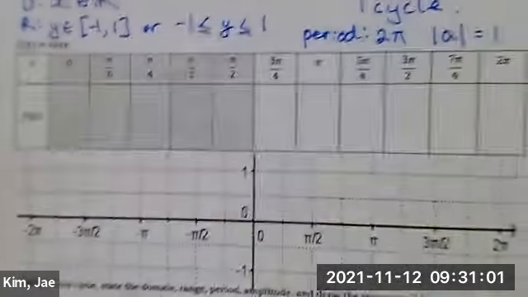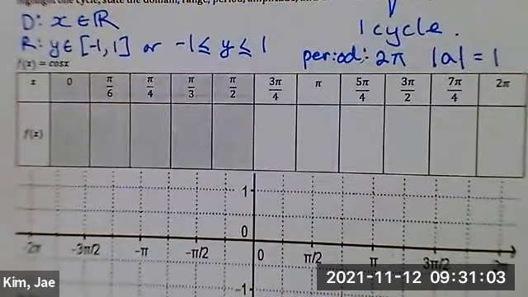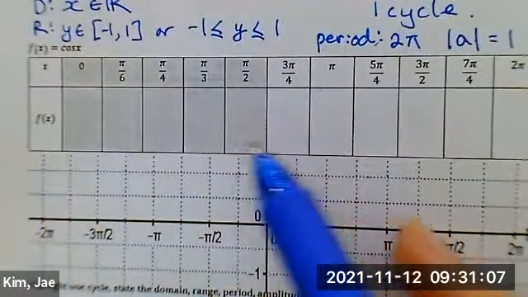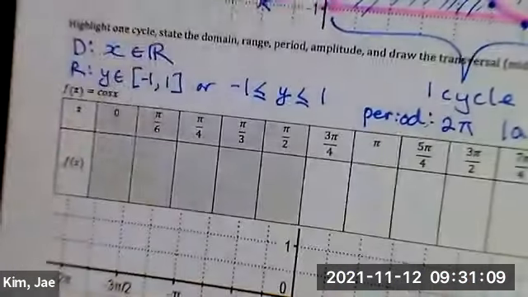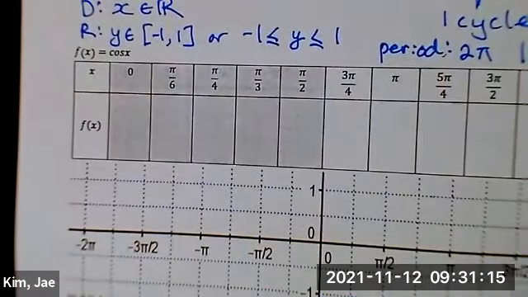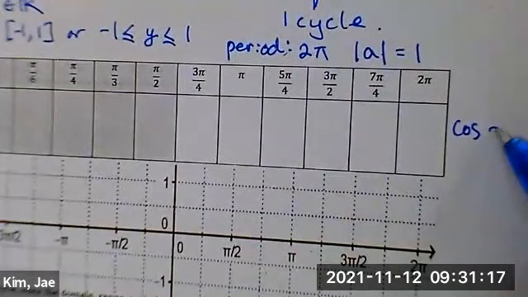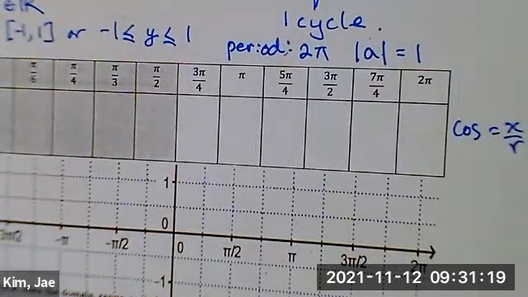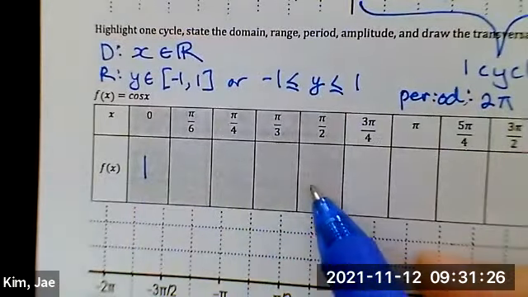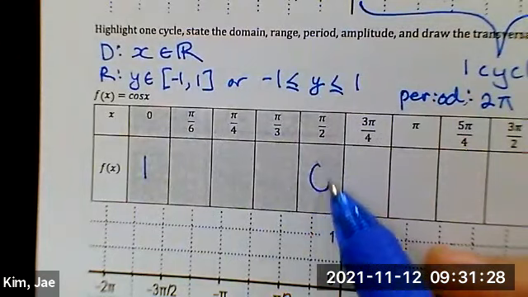Cosine. If I gave you the values for cosine, I'm wondering if you can graph it for me. So instead of writing all this, which we can, and I already did on my answer key, and I gave you the values, remember, cosine is equal to x over r, right? And if you apply my points from my previous example, cosine starts from a 1, and then at pi over 2 becomes a 0.